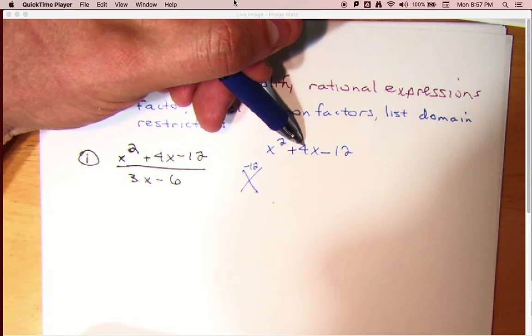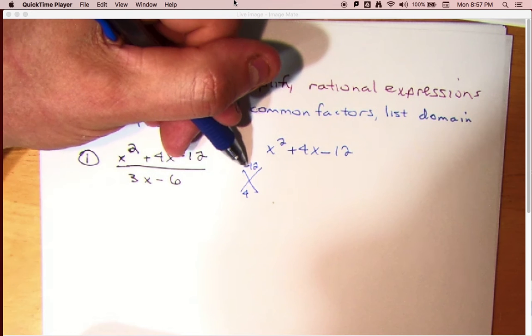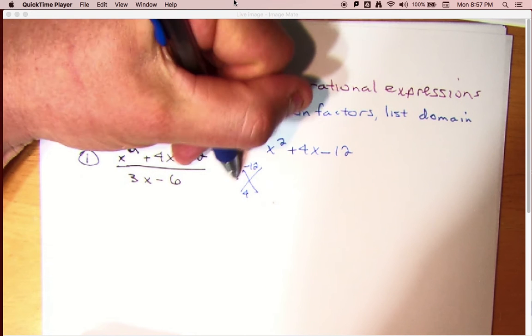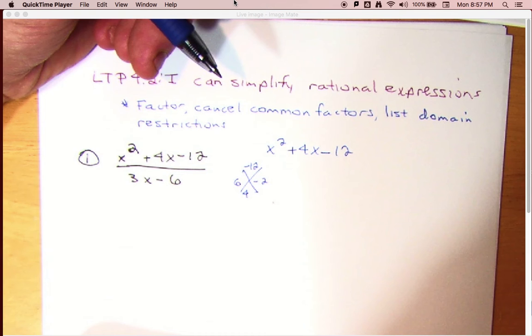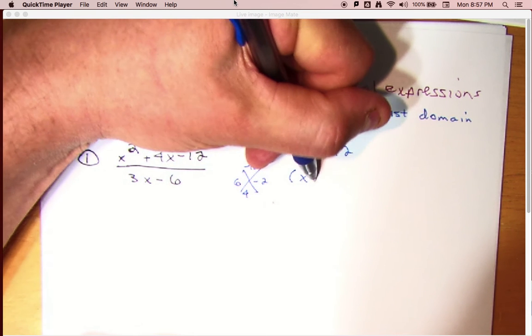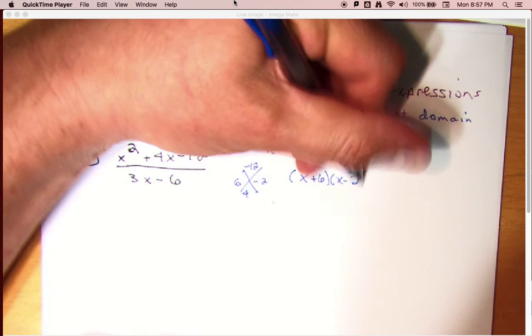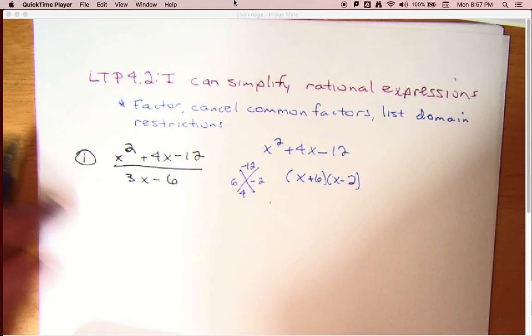I take this 4, and that's what goes down here. Two numbers that multiply to get negative 12 and add up to get positive 4 are 6 and negative 2. So that means that this factors to x plus 6 and x minus 2. Okay, so that's how my numerator factors.